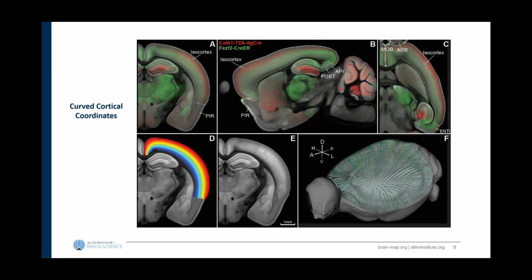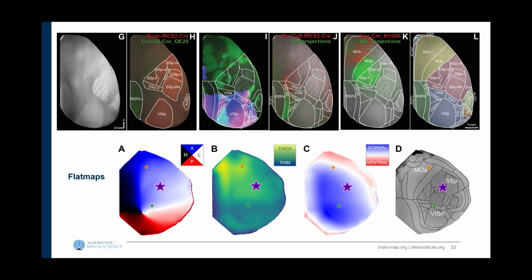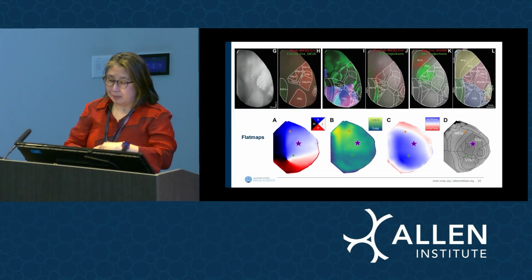So we adopted the same method, collecting the thickness. We also traced the shortest path along each of these streamlines. So now we have a second coordinate framework, which is orthogonal to the curve, that we can use. And this allowed us to do much more precise annotation, especially in the cortical areas, because you can project information up to the surface, and that's where the annotation was done, and then the annotation is projected back.